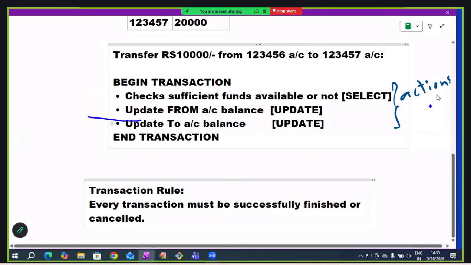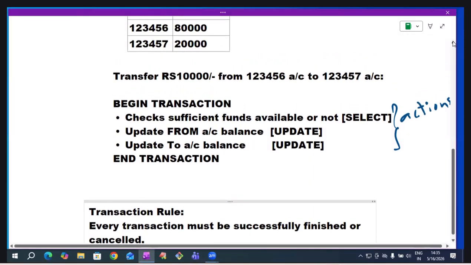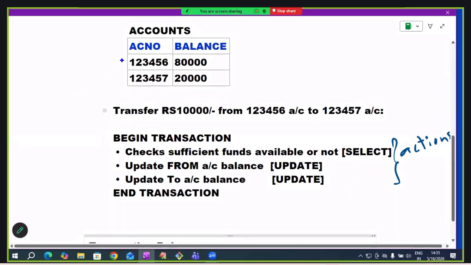If you stopped in the middle, what happens? Understand this point. Suppose I am transferring 10,000 amount. Pay attention, listen carefully. I am transferring 10,000 from account 123456 to account 123457. First action performed. Sufficient funds available or not? Yes, available. Second action also performed. Updated from account balance as 70,000.